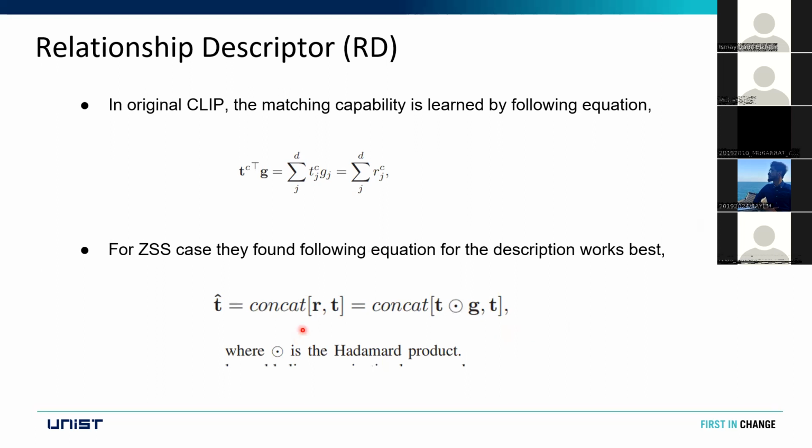So here, T is the text embedding and G is the image embedding. R is the combination of both, as given here.